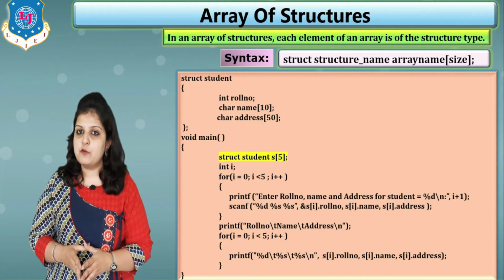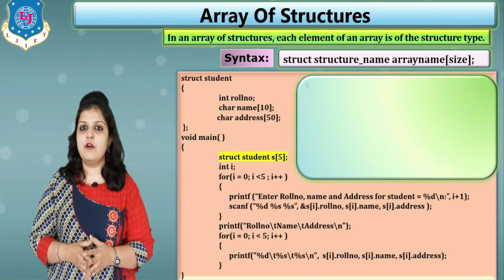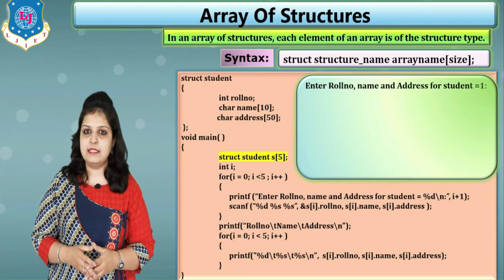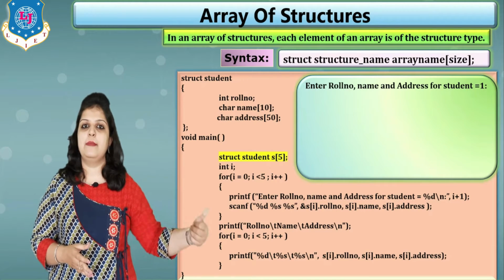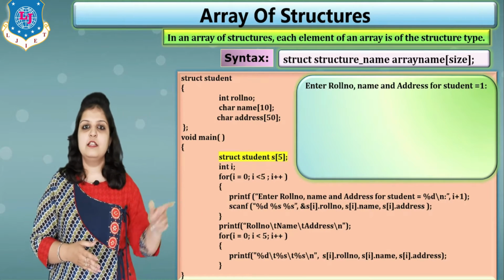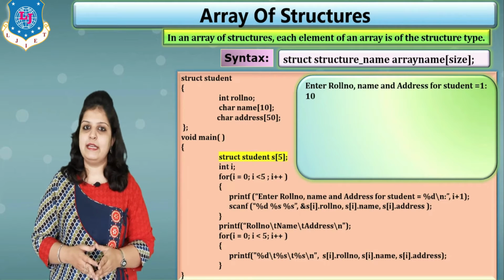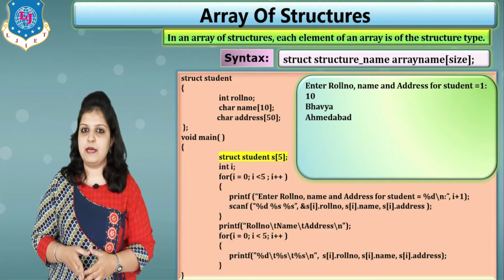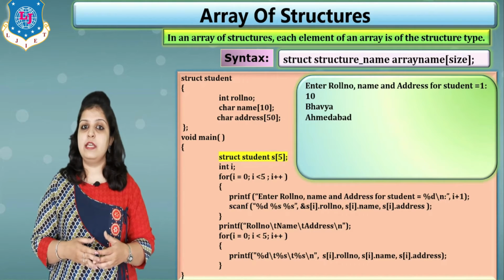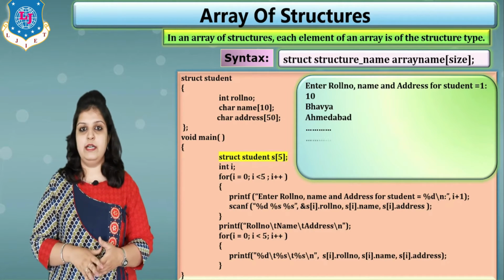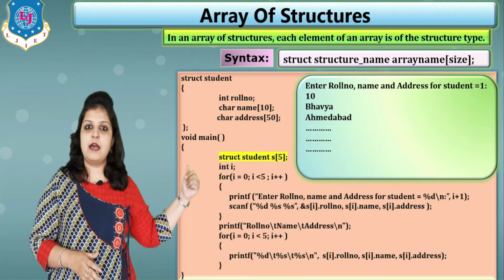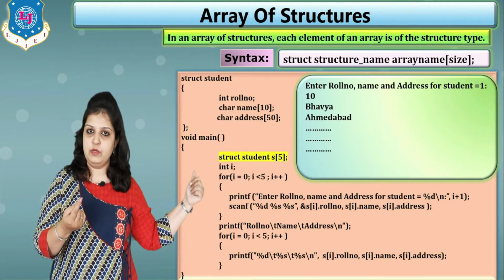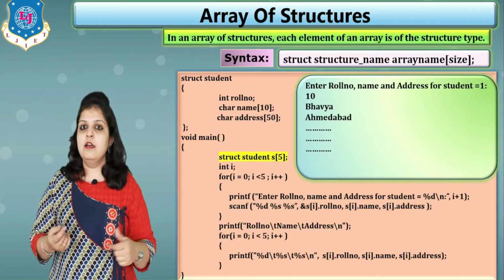So let's see what the output will be. First of all, the first printf will execute: enter roll number, name and address of student 1. So I enter roll number as 10, student name as Bhavya and address as Ahmedabad. In this way we can store data for 5 students, but here I am entering only 1 student's data.